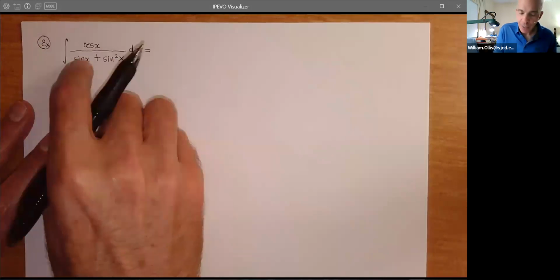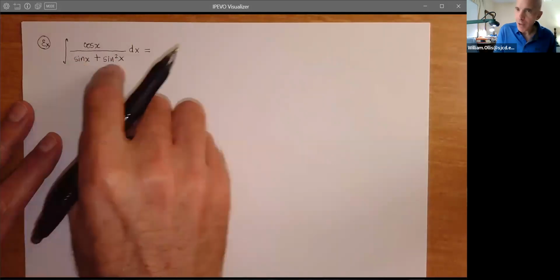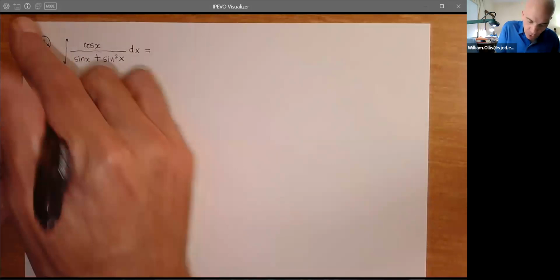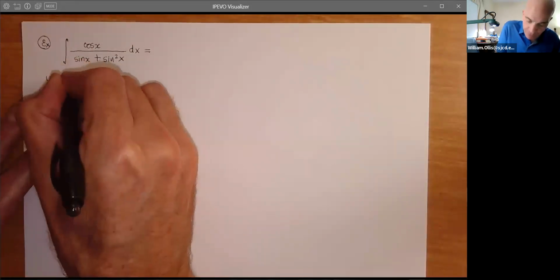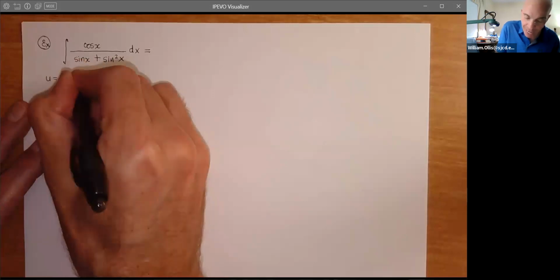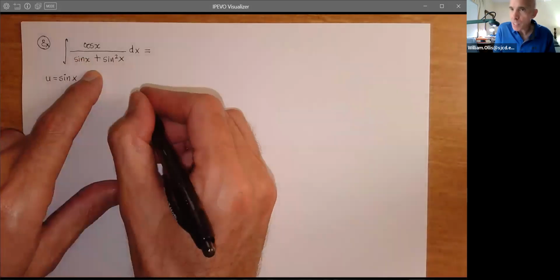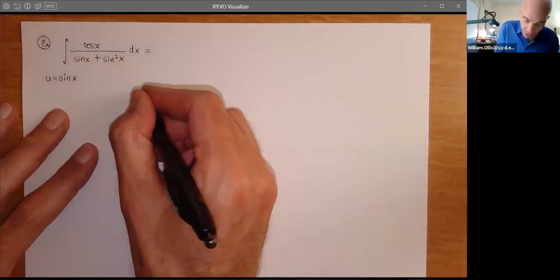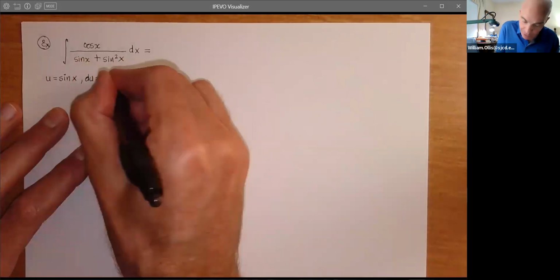If we let the sine be replaced by u, we're going to get two linear factors. So here, u is sine x. Of course, notice we have a rational expression of sines and cosines, but we think the partial fraction decomposition will bail us out. So now du is just cosine x dx.